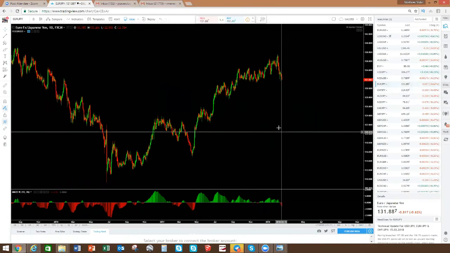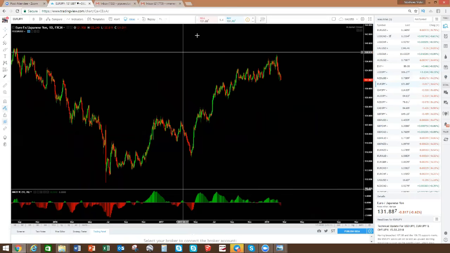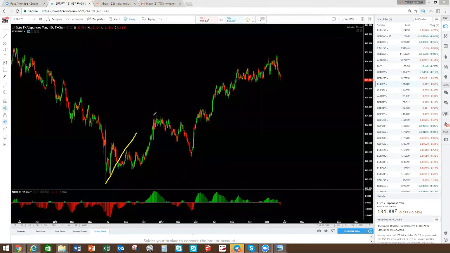EURJPY will do the rest of the year in pairs now. This is another one that is quite interesting. Impulsive move 1, 2, 3, 4, 5. You get a big correction there. This is your 1, this is your 2. And in between, you've got this smaller time frame correction, got this one there, got this one there. So we're anticipating that we will get another bigger one.